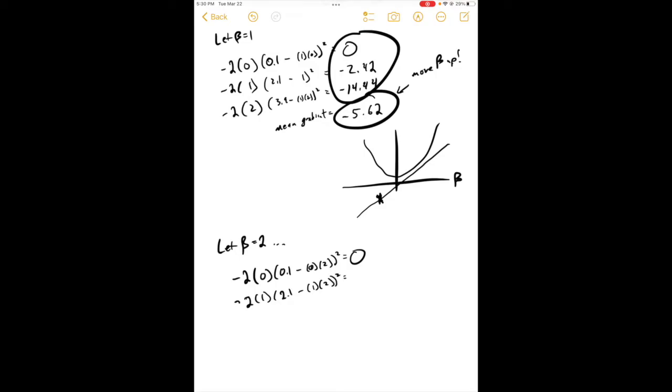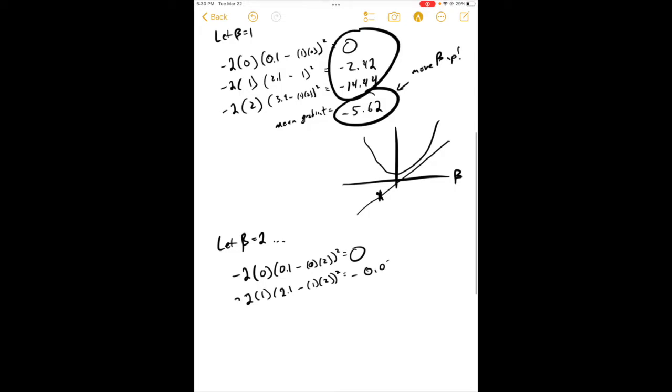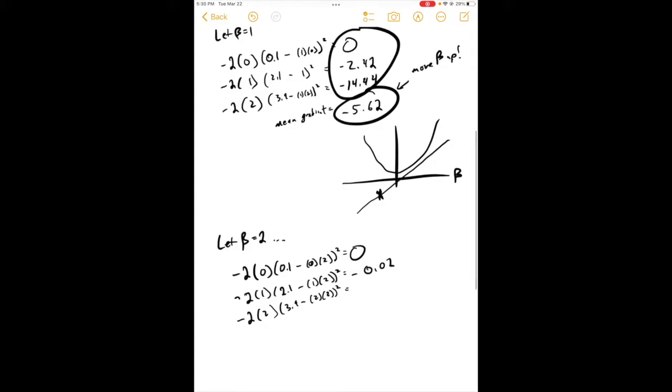We have 2.1 minus 2, 0.1, square that, times negative 2. We have negative 0.02 here. And then negative 2 and 2, and this was 3.9 minus x is 2 and beta is 2, squared. 3.9 minus 4. Go ahead and square that to get positive 0.01 times 2 and then times negative 2 to get negative 0.04.